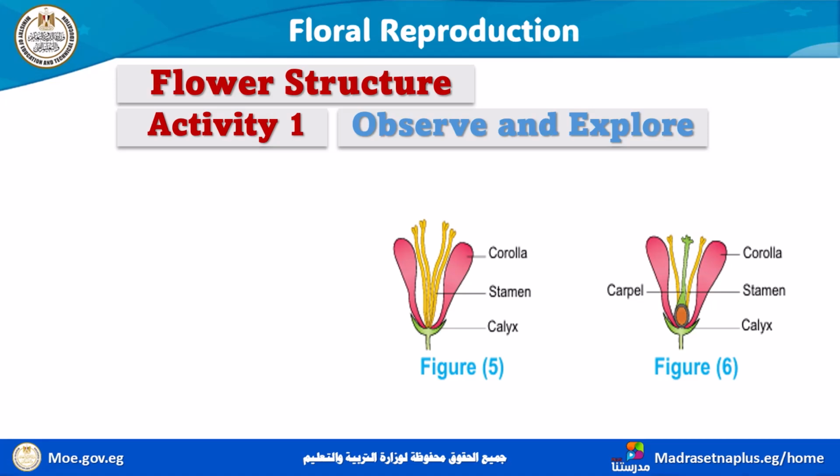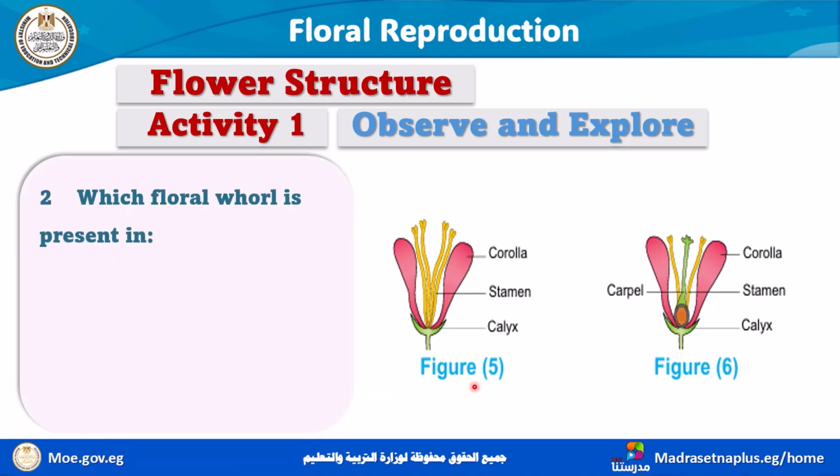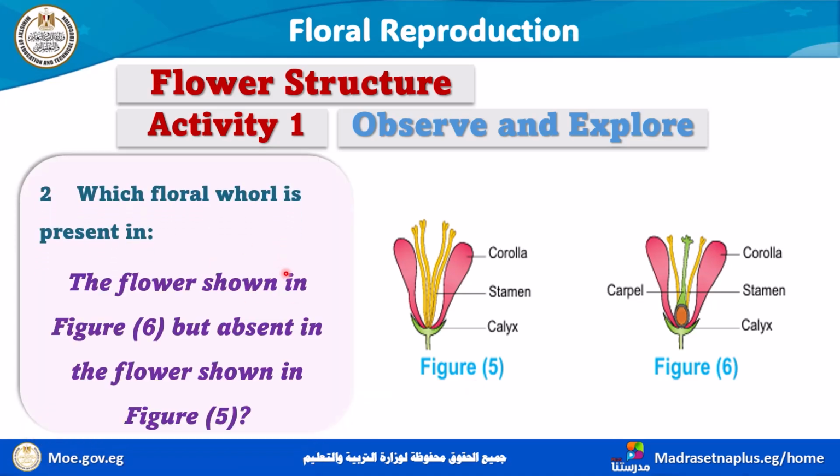Now by observing figure 5 and figure 6, what part of the flower, which role of the flower is present in figure 6 but absent in figure 5?